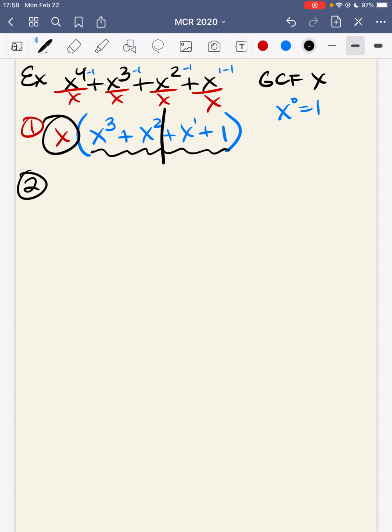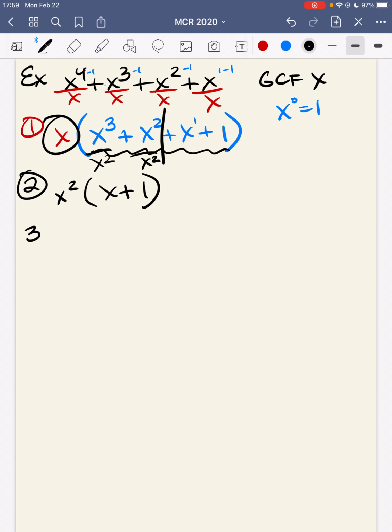Okay, they have in common the lowest exponent, which is x squared. So I need to divide out an x squared, and that x squared is going to go in front. So I have an x squared, and what's left over is x. Now x squared over x squared is 1, so I have an x plus 1.